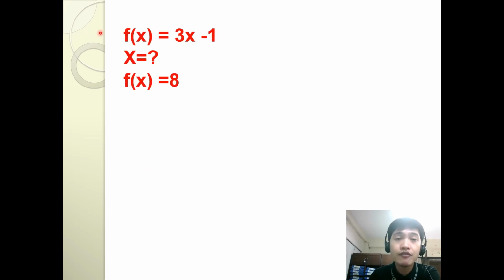So, again, our f of x is equal to 3x minus 1. And we are asked to find the value of x. And our given value for f of x is equal to 8. So, alam natin na yung given linear function is f of x is equal to 3x minus 1.